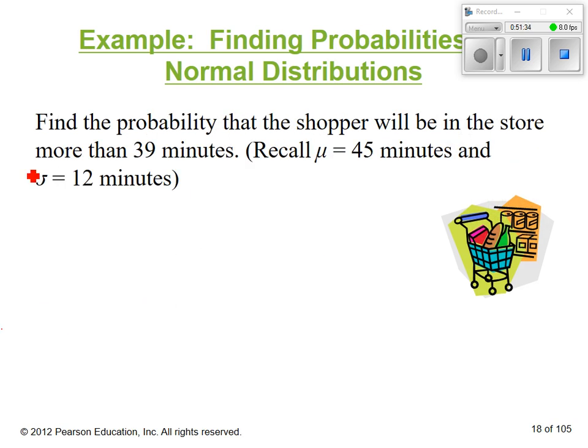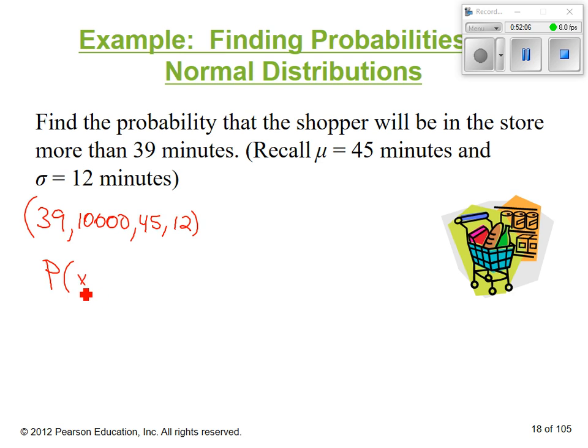Find the probability a shopper will be in the store more than 39 minutes. We're just going to punch it in the calculator. It says more than 39 minutes, so our low limit is 39 minutes. What's our high limit going to be? 10,000. We hope they're not in the store 10,000 minutes, but we're just going all the way up there. Our mu is 45. Our standard deviation is 12.